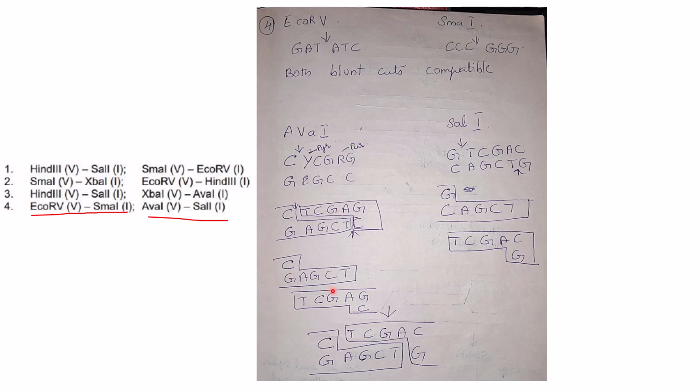You get 2 fragments like this. And here it will generate 2 fragments with single stranded overhangs. So this will ligate with this. So CGAGCT. So AGCT will form complementary base pairing with TCGA. So they will form complementary base pairing and you will get a ligated end product. So that makes option 4 your right answer.